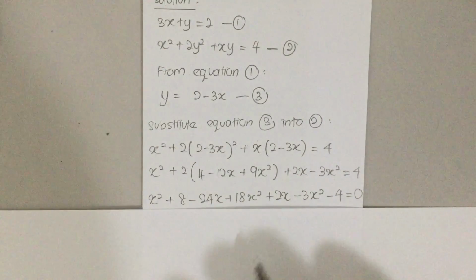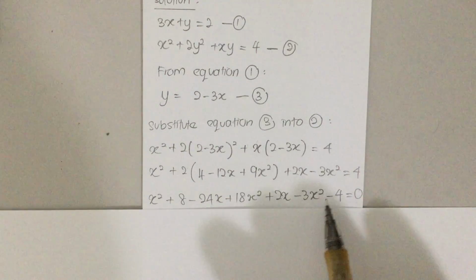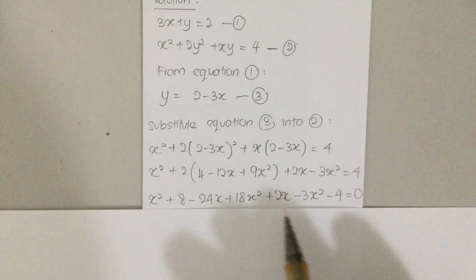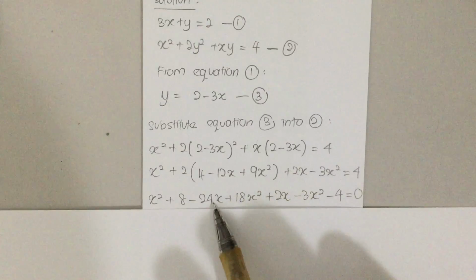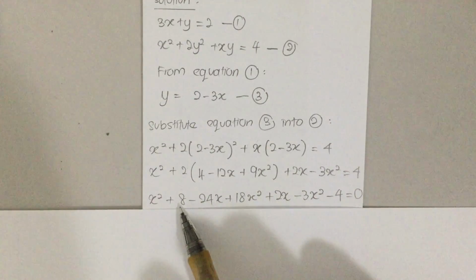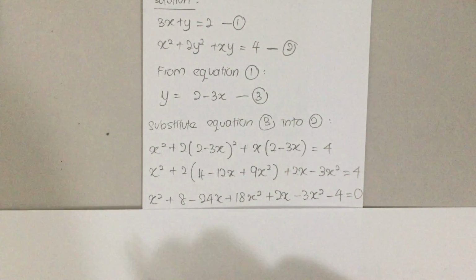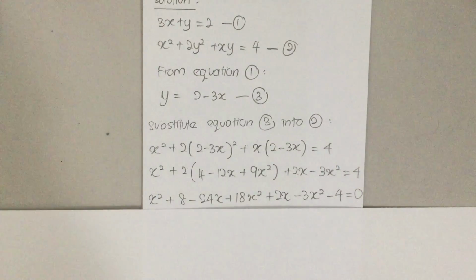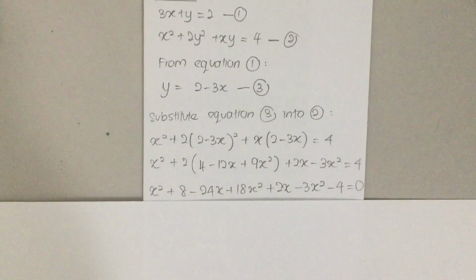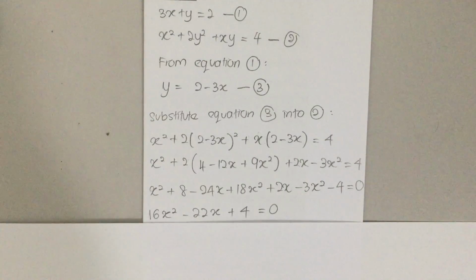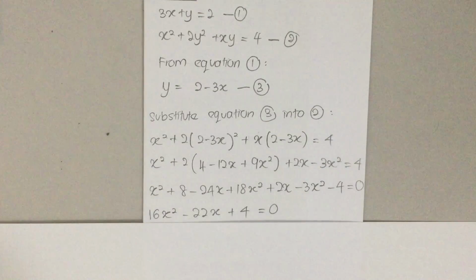From now, we're going to start to solve their respective powers, starting with x squared, followed by x, and then the x power of 0, which is the numbers. From here you should get 16x squared minus 22x plus 4 equals 0.